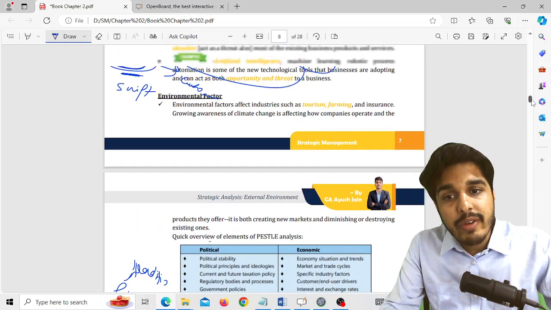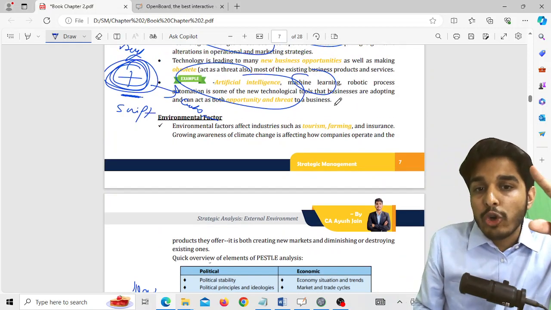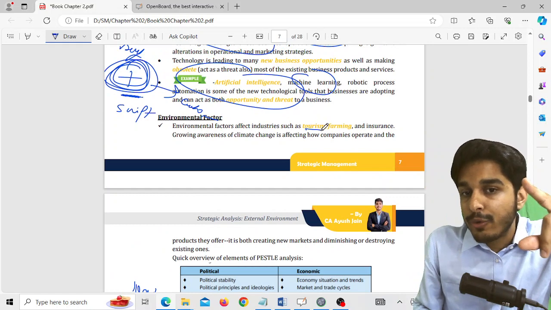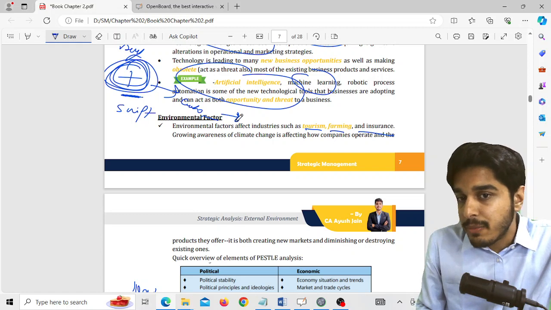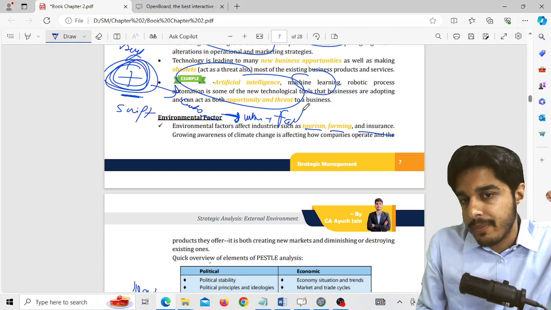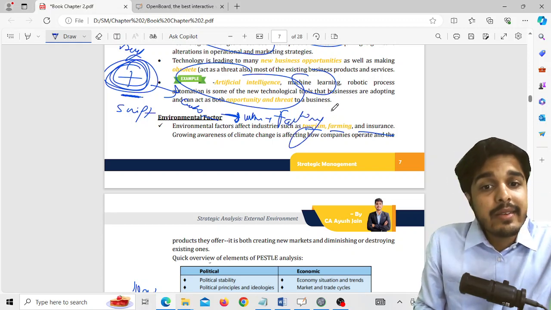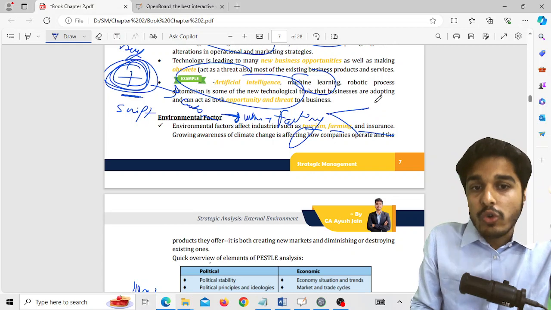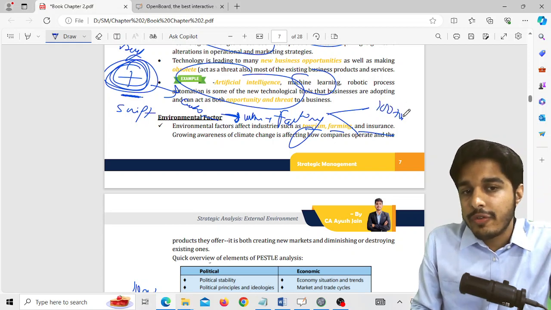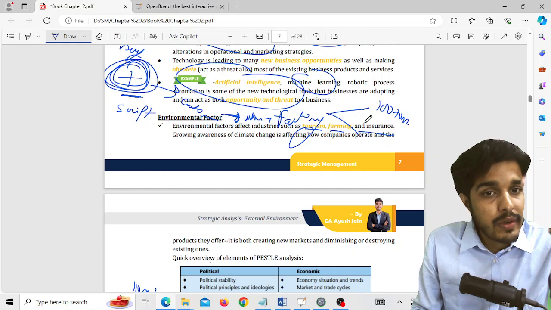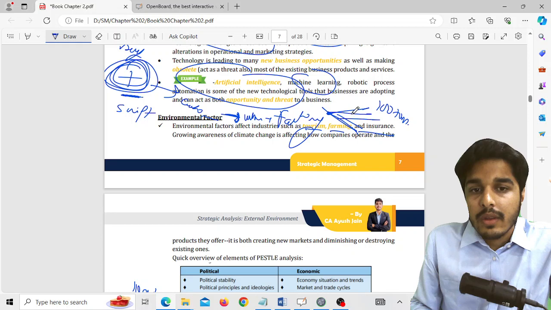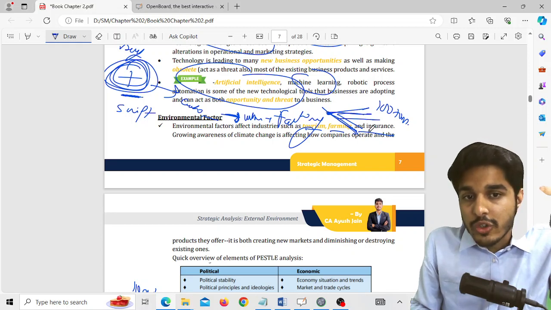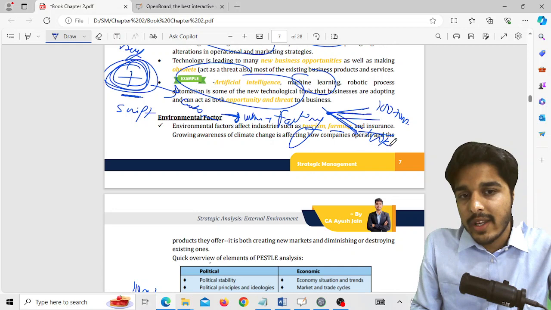Next thing, environmental factor. Environmental factor means I am not talking about macro environment, I am talking about tourism, farming, and this type of environmental factor. Suppose you are operating a factory in an urban area, and it says that if you produce 100 tons of this product, then you have to reduce your wastage by 100 kg.